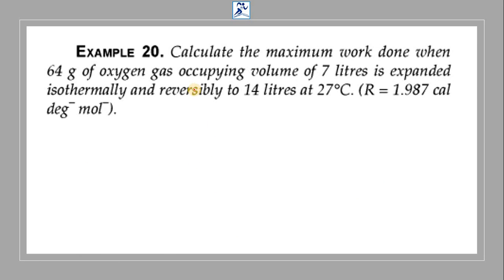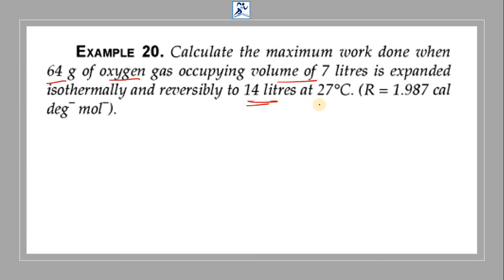Next question. Calculate the maximum work done when 64 grams of oxygen gas occupying a volume of 7 liters is expanded isothermally and reversibly to 14 liters. 7 liters became 14 liters.